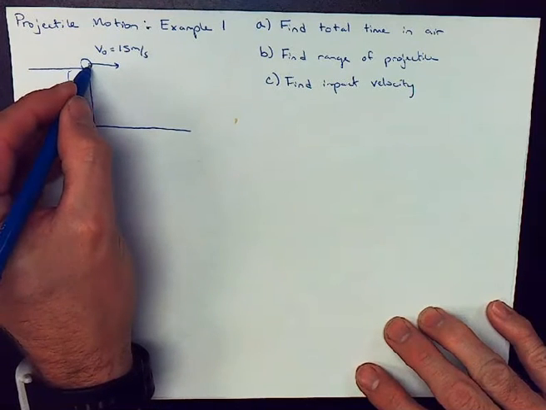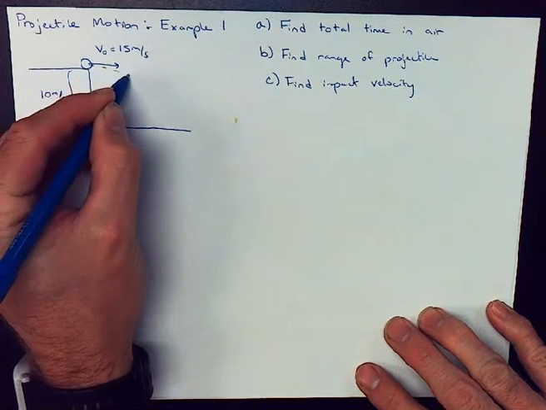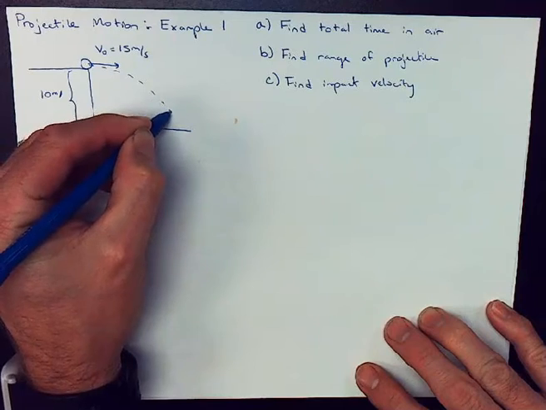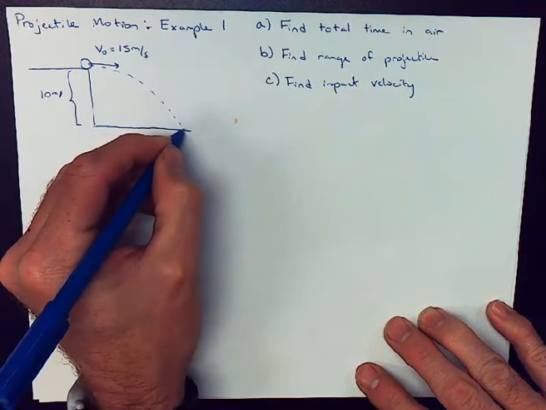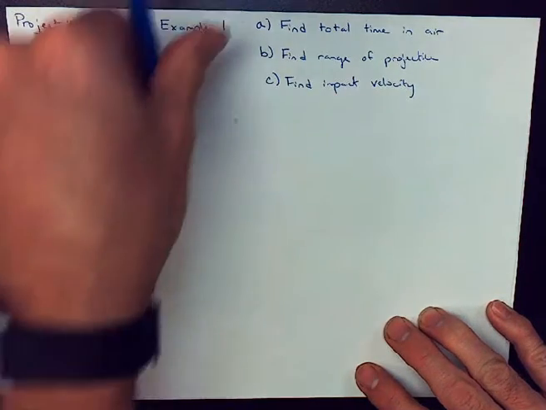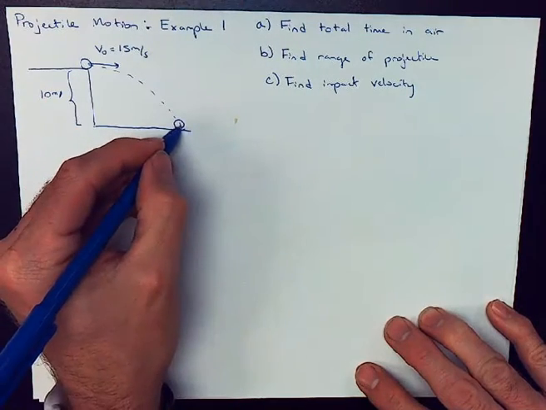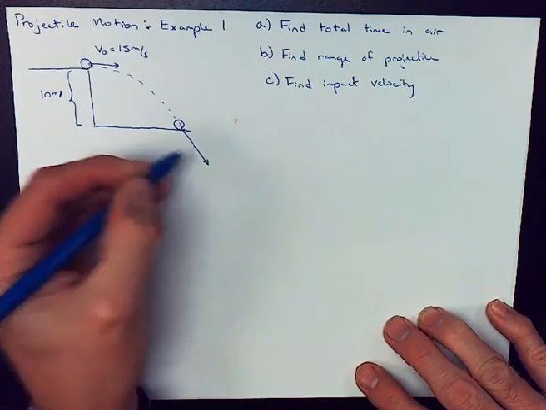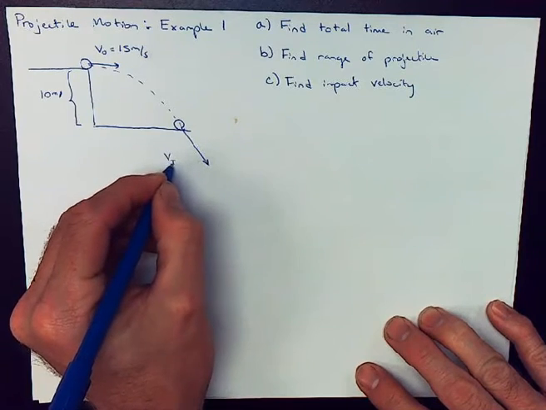Keep in mind, guys, that as soon as it leaves the cliff, gravity takes over and it begins to be pulled downward. When it hits the ground, it does not hit straight on, but it will hit at an angle. This is the impact velocity.